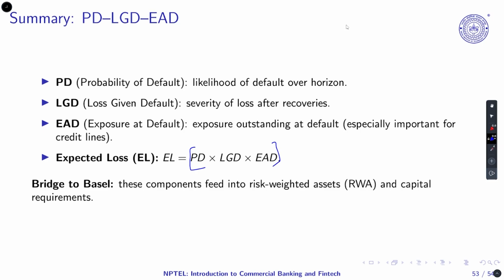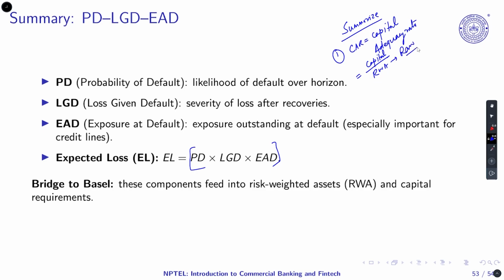So let me summarize what we have done so far in today's session. First, we went for the CAR, the capital adequacy ratio, and in CAR we calculated capital upon RWA, and RWA was very raw, right?